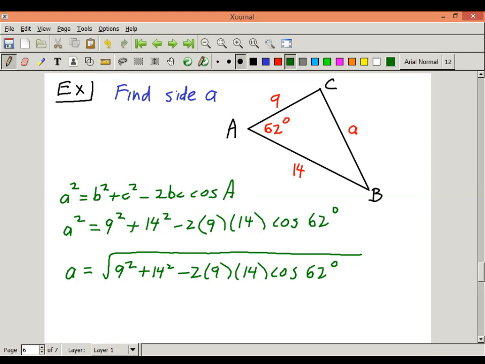So I got 9 squared. Most calculators have a square button, so 9 squared plus 14 squared minus 2 times 9 times 14 times cosine 62 equals.